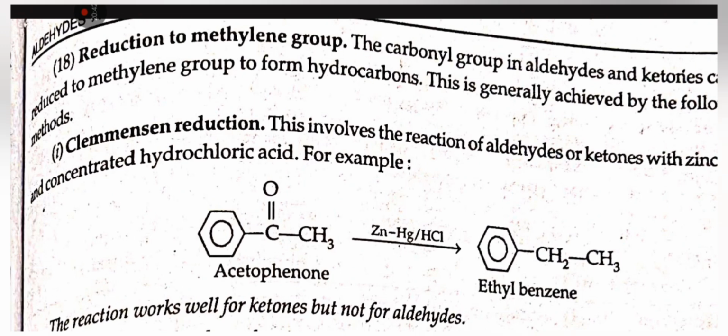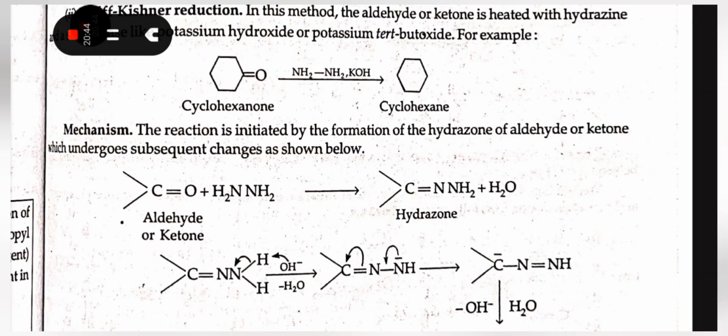Second, Wolff-Kishner reduction. In this method, the aldehyde or ketone is heated with hydrazine and a strong base like potassium hydroxide or potassium tert-butoxide. For example, cyclohexanone on reaction with hydrazine and KOH will give cyclohexane.